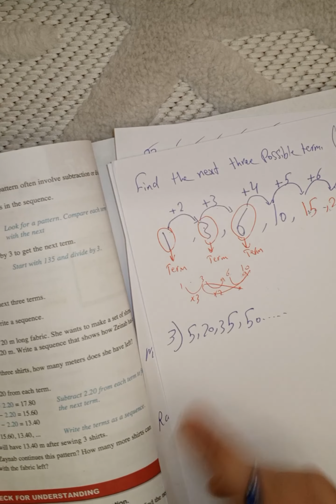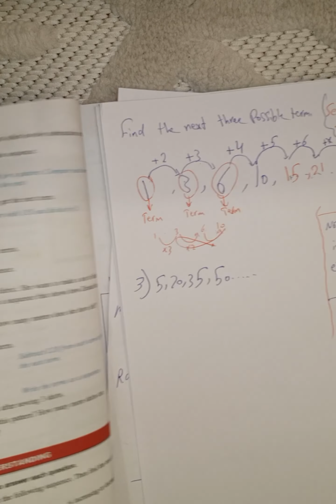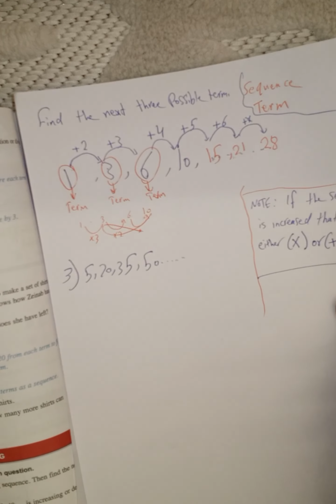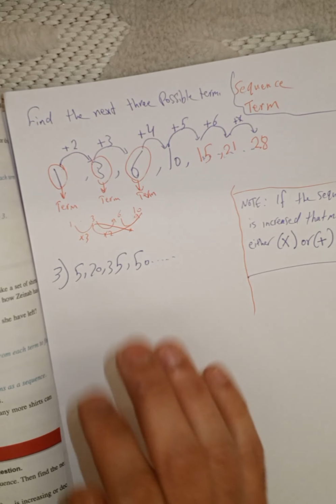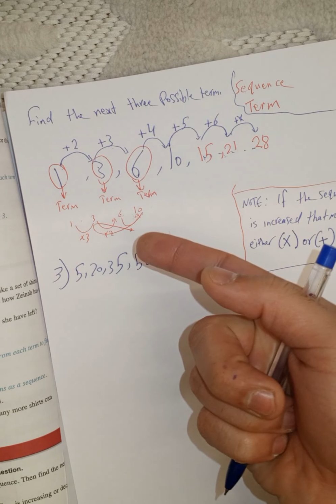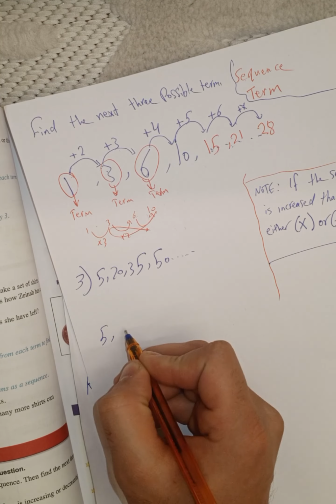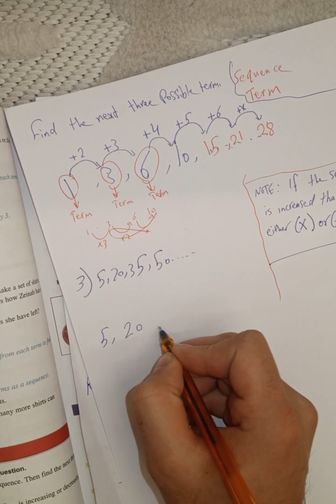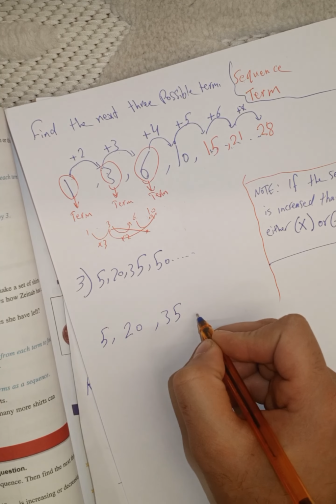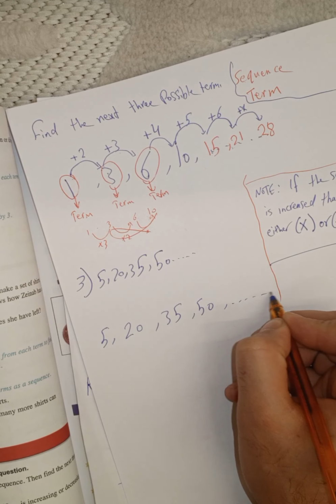Okay, this is our set of numbers. Look at the data. Is it increased? Yes, the numbers go up. 5 becomes 20, then 35, then 50. Let me rewrite the numbers: 5, 20, 35, 50, and so on.